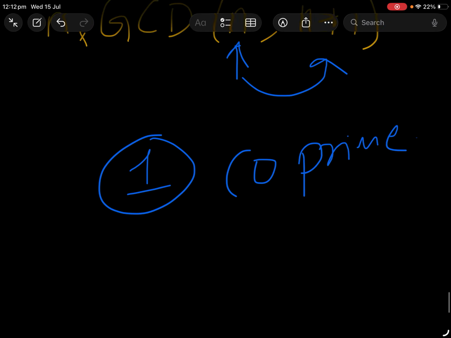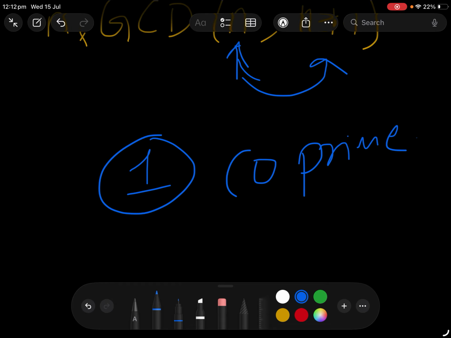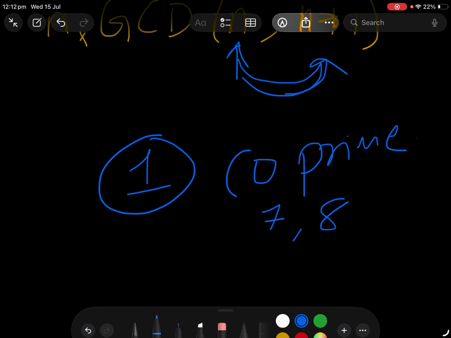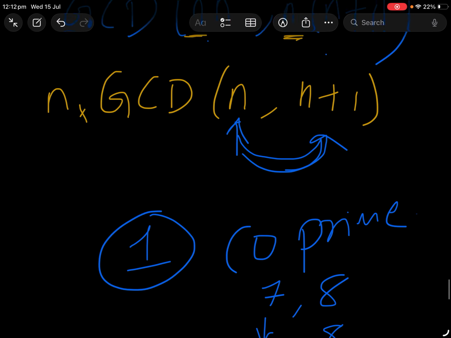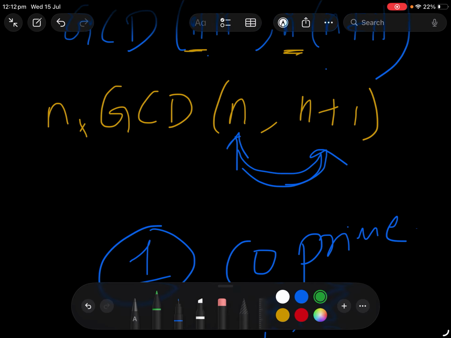We can see an example. Suppose we take 7 comma 8. The factors of 7 are 7 and 1. For 8 they are 8, 4, 2 and 1. The GCD is 1. We can clearly see that. So the GCD of two consecutive numbers is always 1.